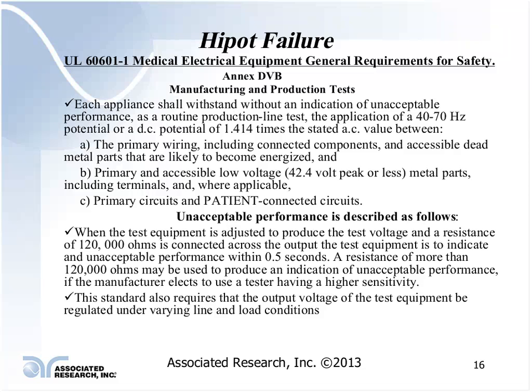A resistance of more than 120,000 ohms may be used to produce an indication of unacceptable performance if the manufacturer elects to use a sensitivity or a tester having a higher sensitivity. Okay. This standard also requires that the output of the test equipment be regulated under both varying line and load conditions.